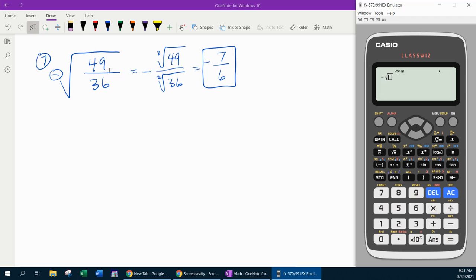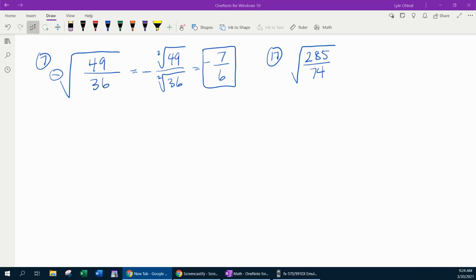Since we're taking the square root of a fraction, we hit the fraction button, and then we simply input the numerator and the denominator. Since it looks the same on the calculator as it does in the text, this is going to be our answer, negative 7/6.